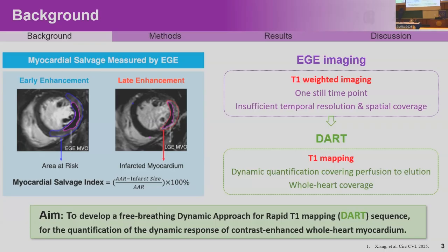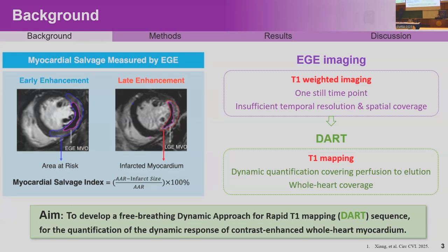For example, for the early enhancement of the myocardium, we can see the area at risk. The area at risk is much larger than the infarct myocardium. So we are trying to figure out what the perfusion procedure is for the gadolinium getting to the myocardium.